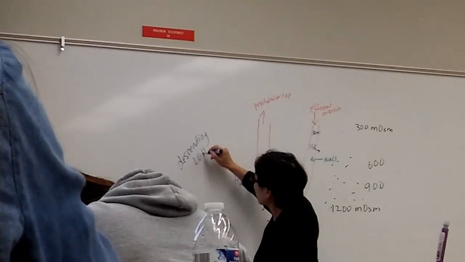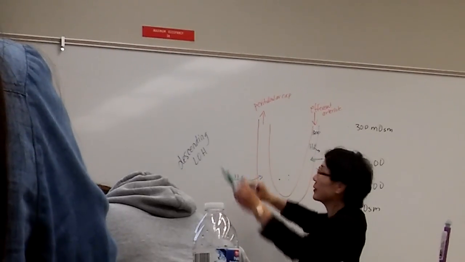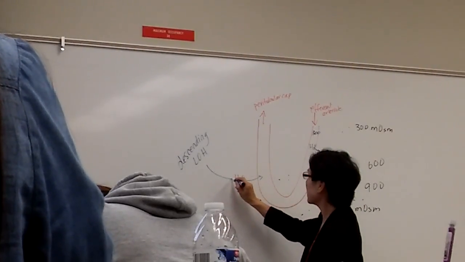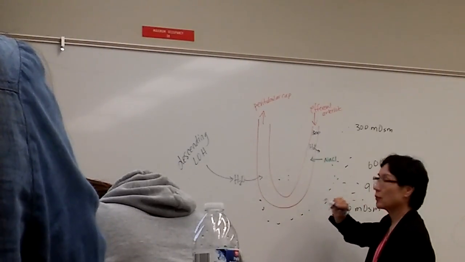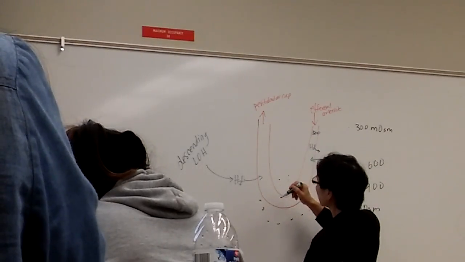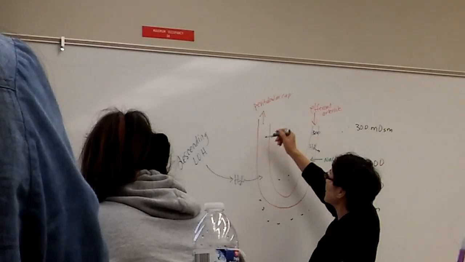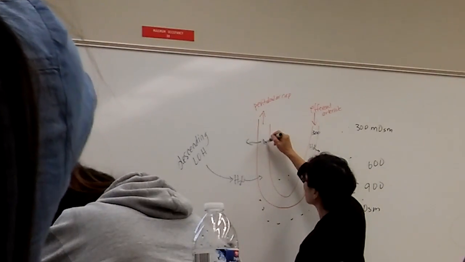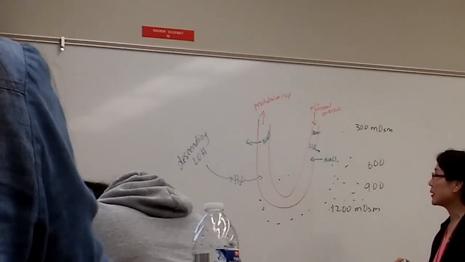Good, that's right. And the descending loop of Henle is sitting right next door. See, it's losing water. And remember we said when we save water, it's going to go into the vasa recta. And then now what about the salt? As we go up, it gets less salty, so therefore the salt will work down. And that's why the salt stays in this area here.